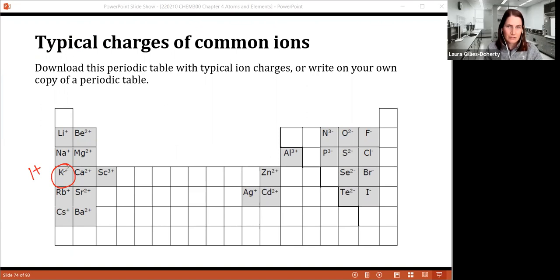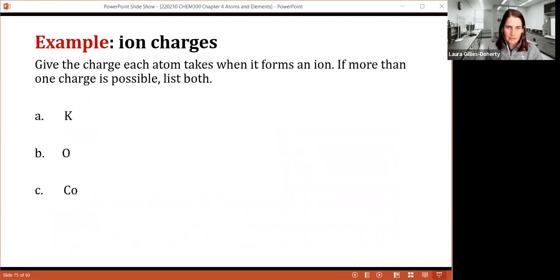That means it likes to lose 1 electron. So potassium, when it forms an ion, makes K+ because it loses 1 electron.